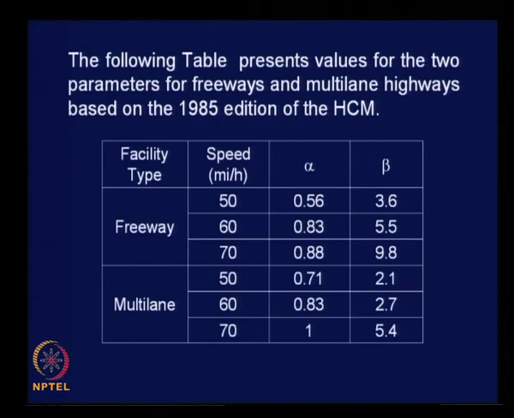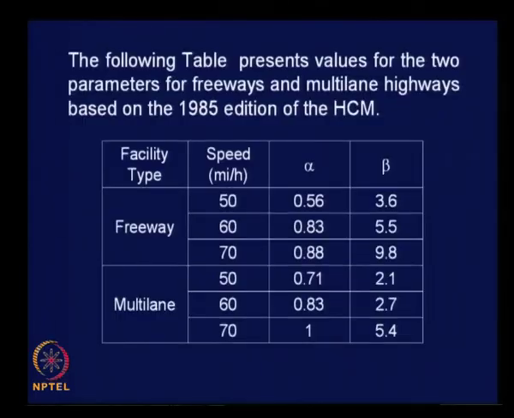This implies what? You can look back at the equation that you have seen and then try to perceive the difference, the effect of traffic volume and speed. Normally on an inferior type of facility, the effect will be more significant compared to a superior type of facility. That is the general understanding. That is what is meant by these relative changes in the alpha and beta values.